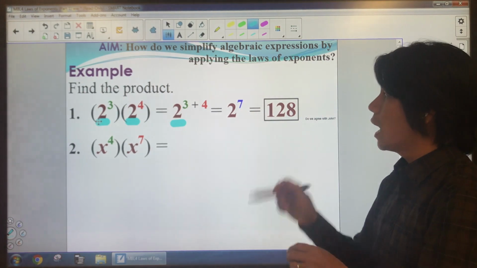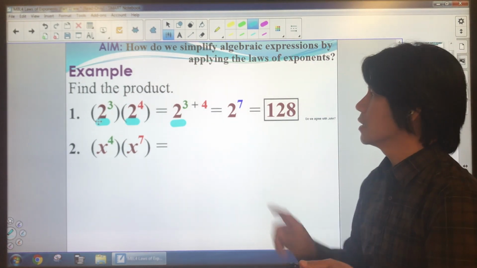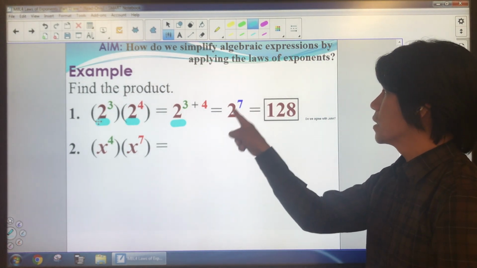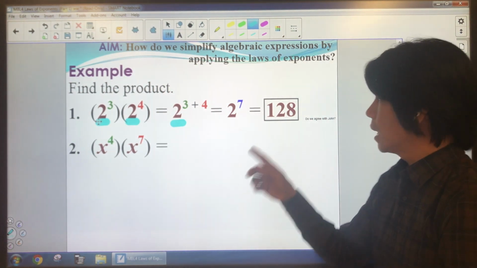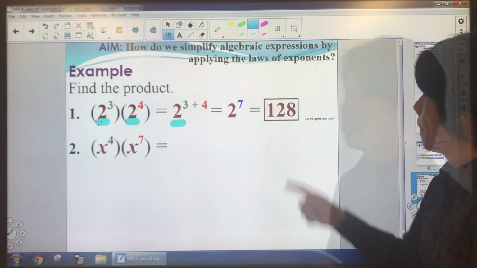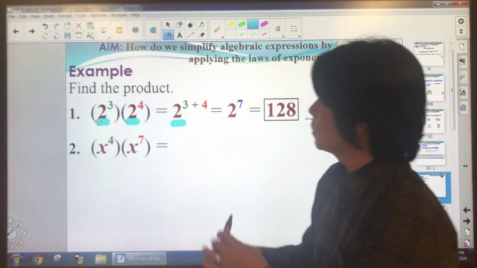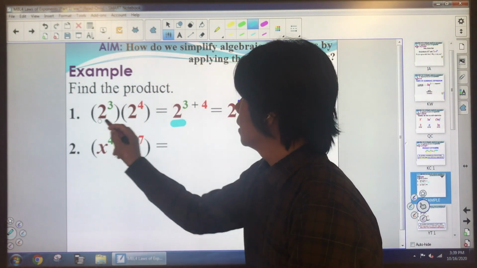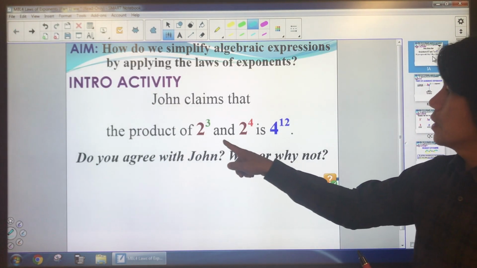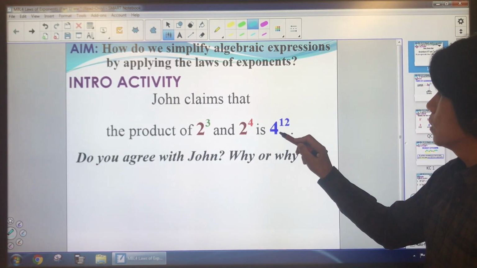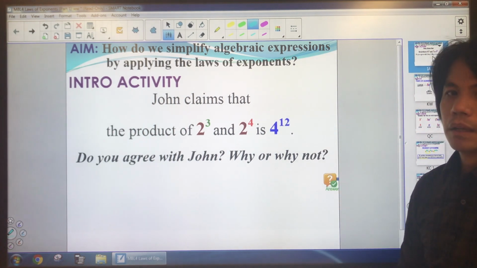7 times. This is the common error, guys. We're not multiplying 2 and 7. We're multiplying 2 by itself 7 times, and that is 128. Now, notice that this problem is given in the intro activity. So, do we agree with John that it's 4 to the 12th power?